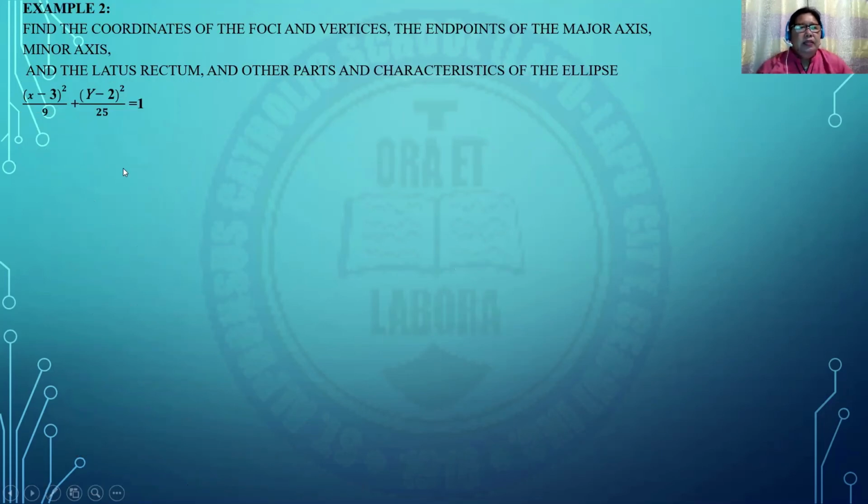Next example. Find the coordinates of the foci, the vertices, the endpoints of the major axis and the minor axis, the latus rectum and other parts and characteristics of the ellipse, the square of x minus 3 over 9 plus the square of y minus 2 over 25 equals 1.